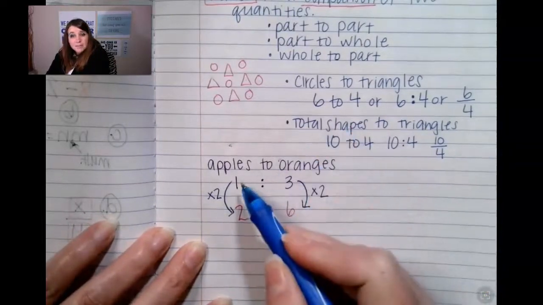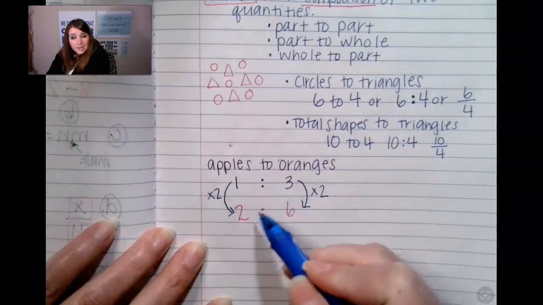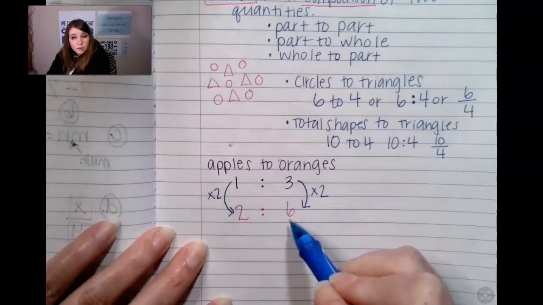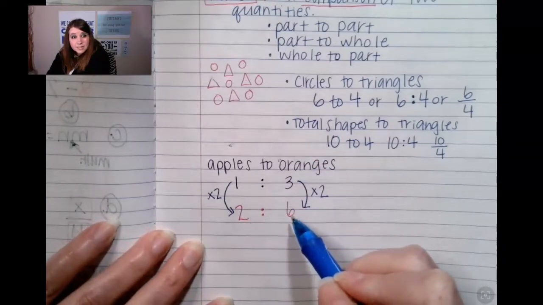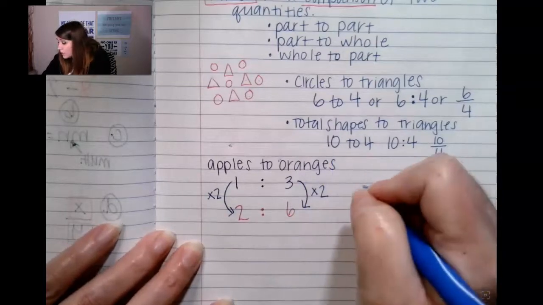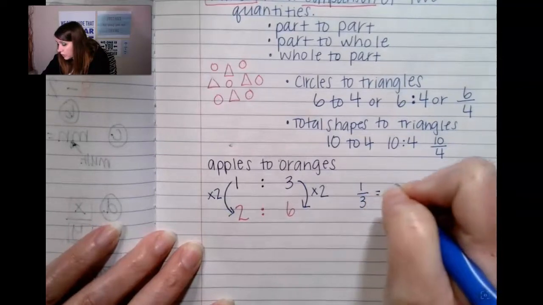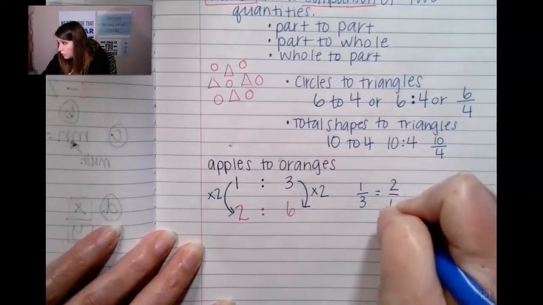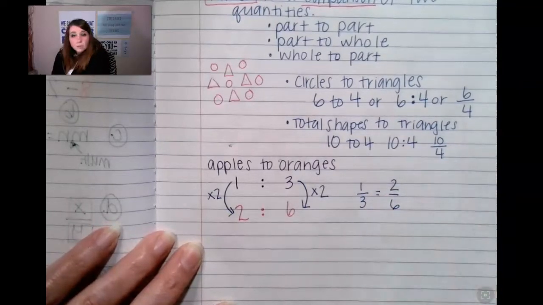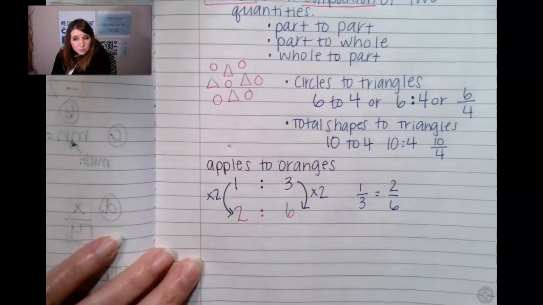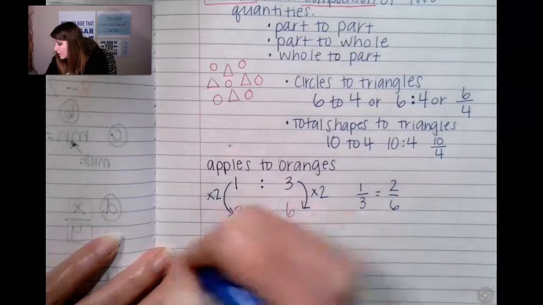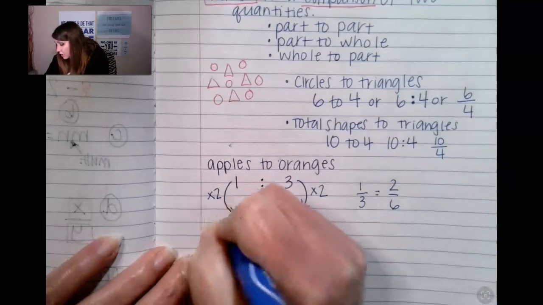So that means that 1 to 3 is equivalent to 2 to 6. You could also write it as 1 over 3 is equal to 2 over 6. So we can determine that my apples to oranges is an equivalent ratio.